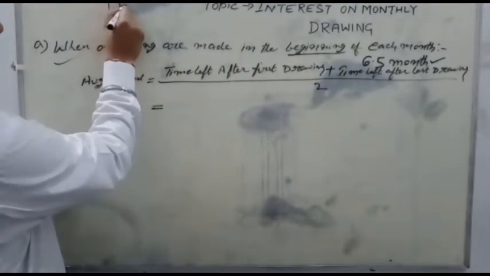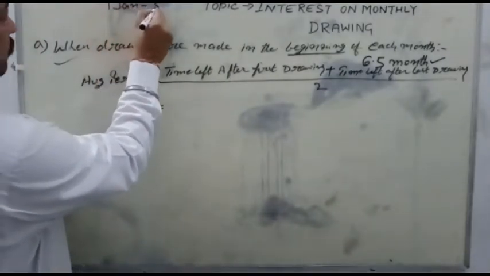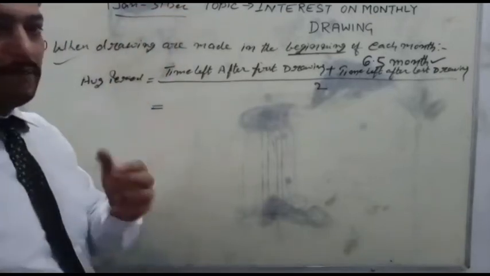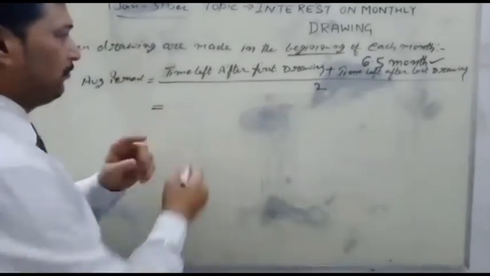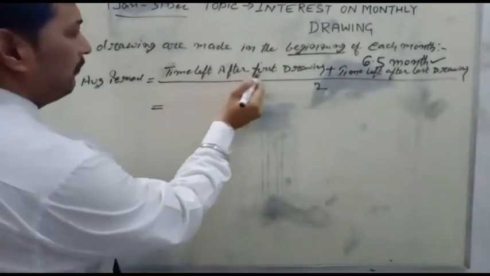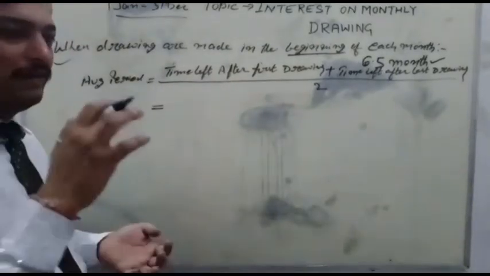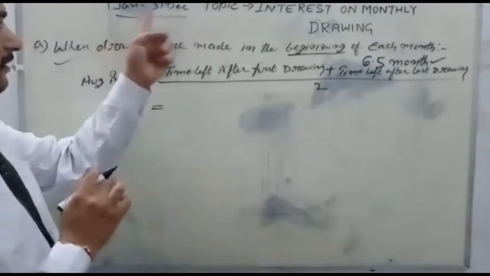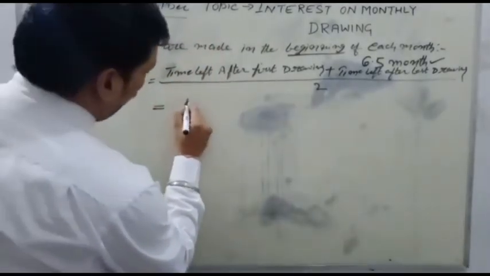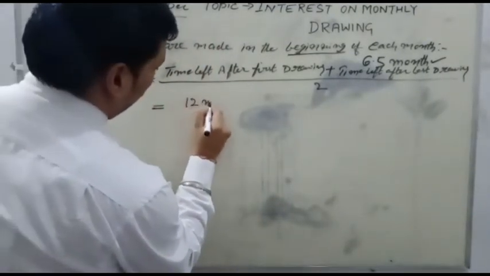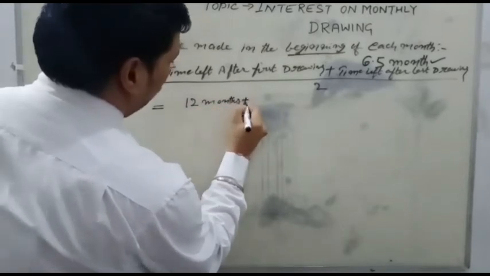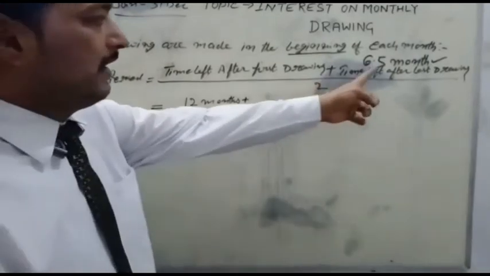to 31st December. If the partner is withdrawing on 1st Jan, then the time left after first drawing is 1st Jan to 31st December, 12 months remain, plus time left after last drawing.